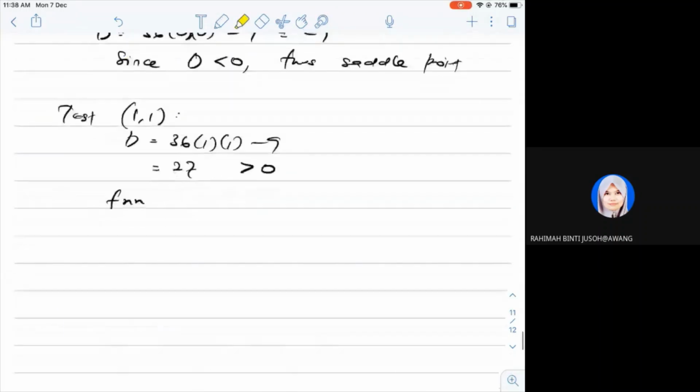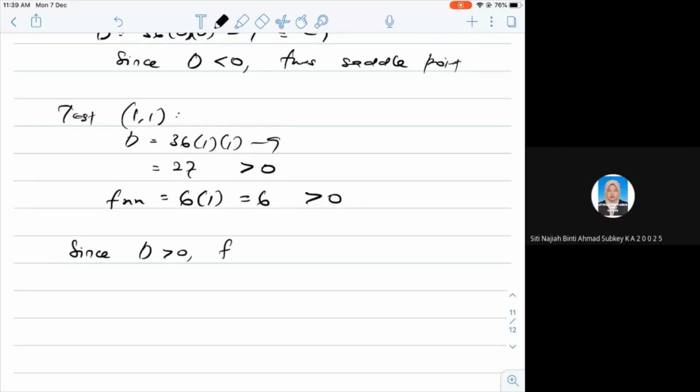Substitute 6 times 1, we get 6, also greater than 0. So what's the conclusion? Relative minimum. Since fxx is also greater than 0, thus the answer is relative minimum.